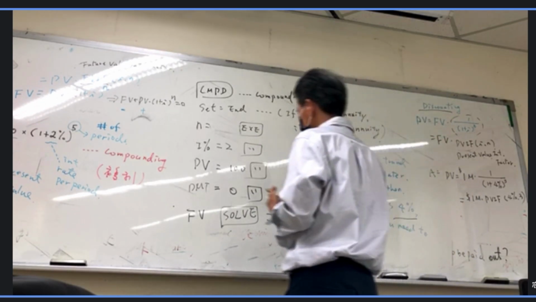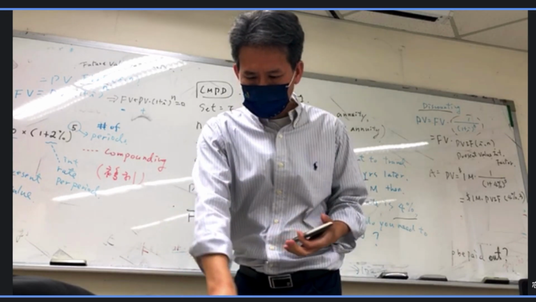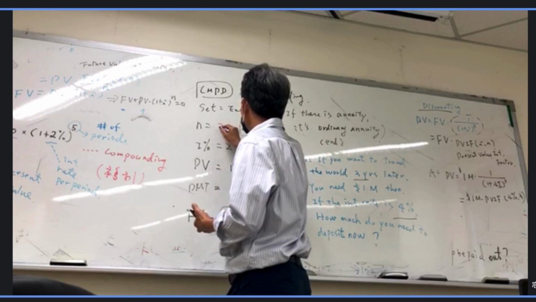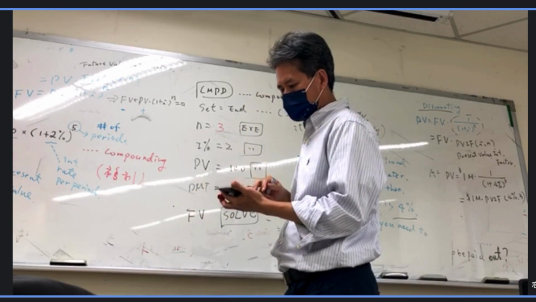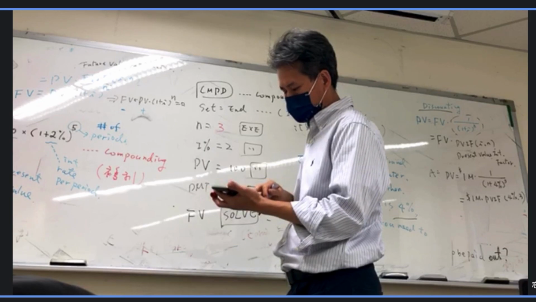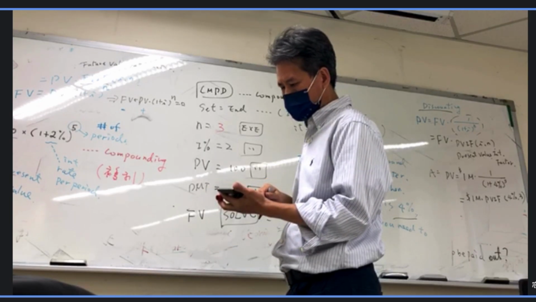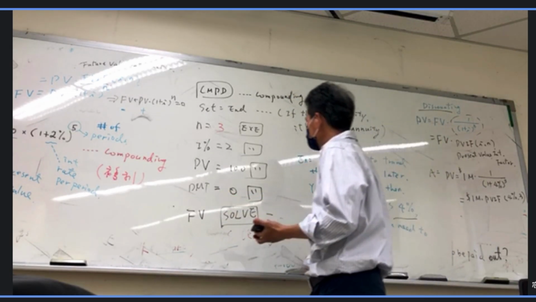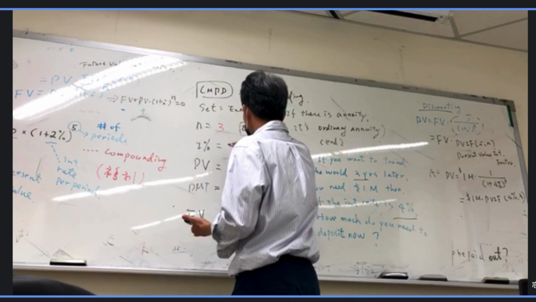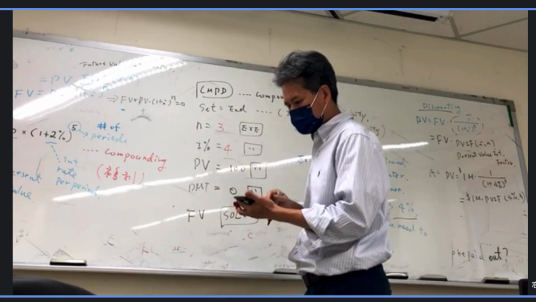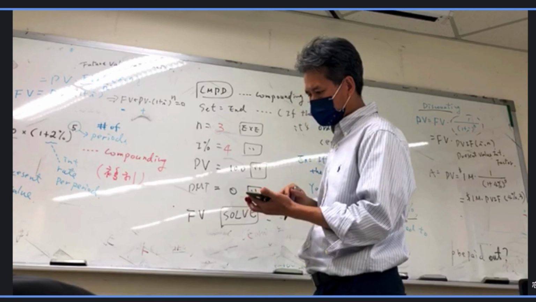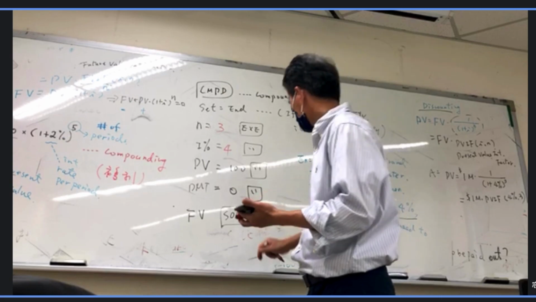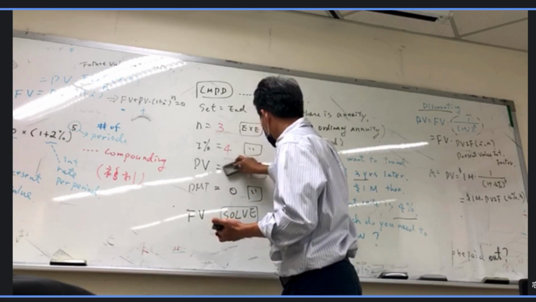N is 3, right? Let me just change the number. So change it on your calculator. I% is 4. And the PV, not knowing, we want to find the PV.